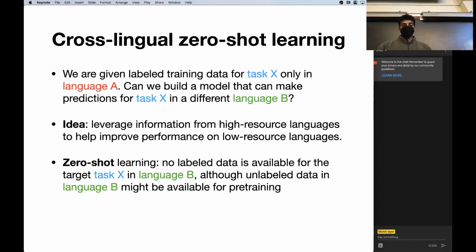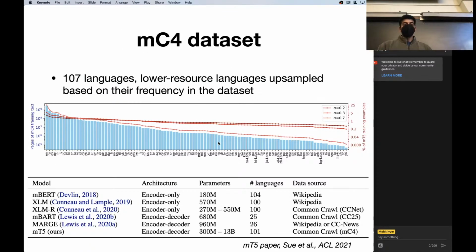If you look at this distribution here, if I'm just randomly sampling documents to pre-train my T5 model on, I'm going to sample way more English documents than I sample whatever these ones down here are, right? So if I want my model to learn a good model of all the languages, I probably want to oversample the languages that are lower resourced and downsample the ones that are higher resourced.